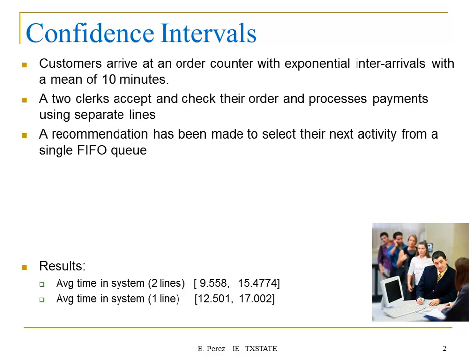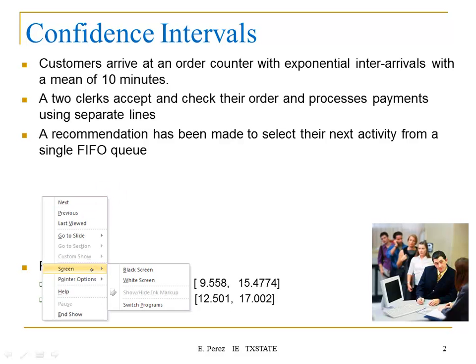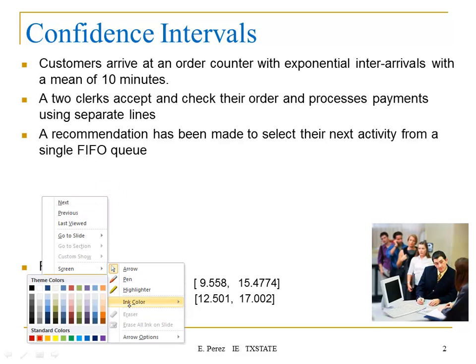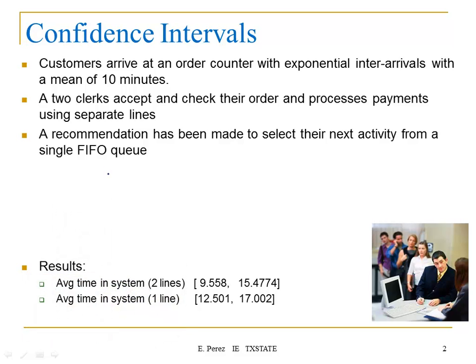So what we had at that point was 2 clerks. Let me make a very simple drawing here. So we had 2 clerks, and they were taking care of the customers on separate lines.